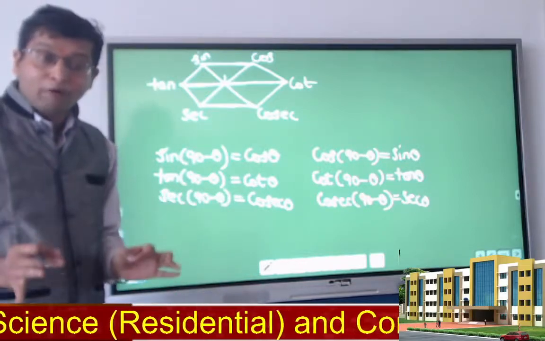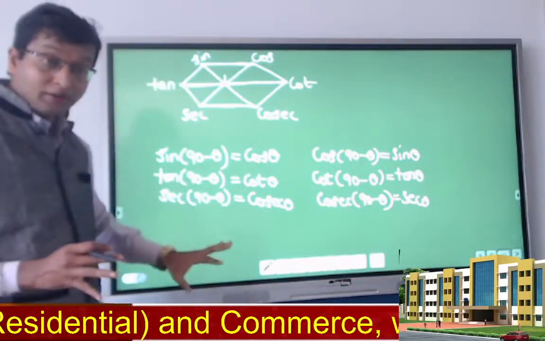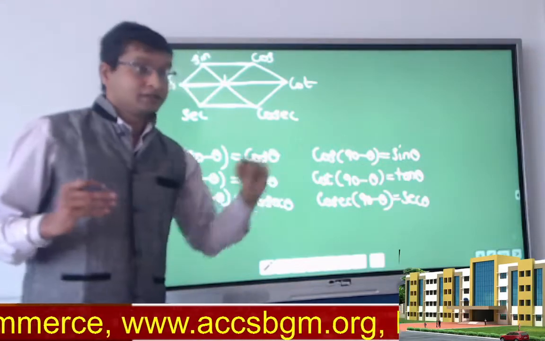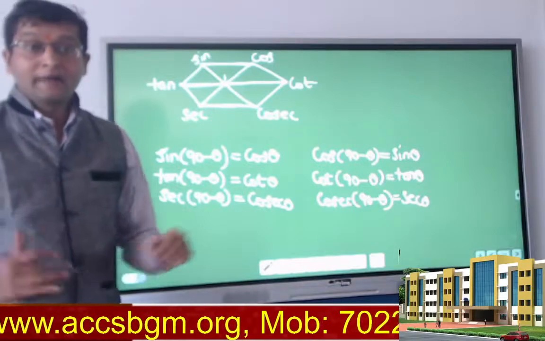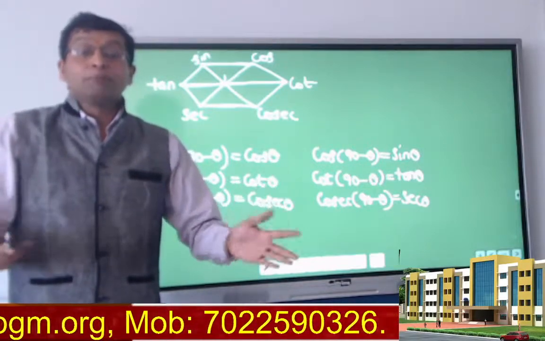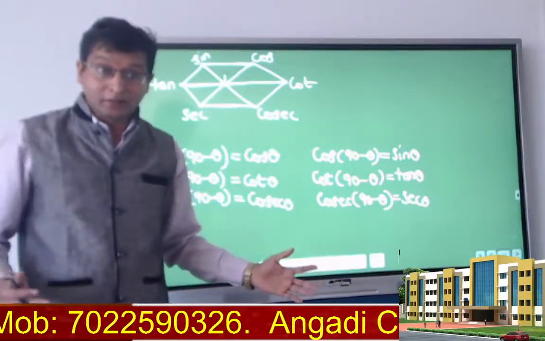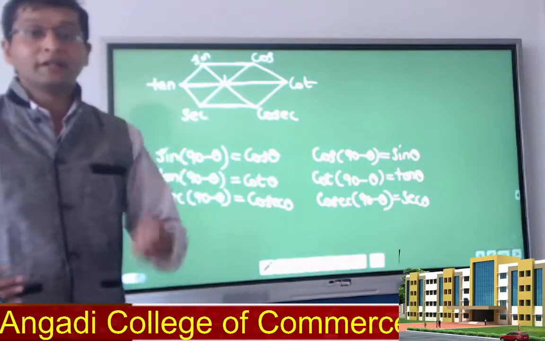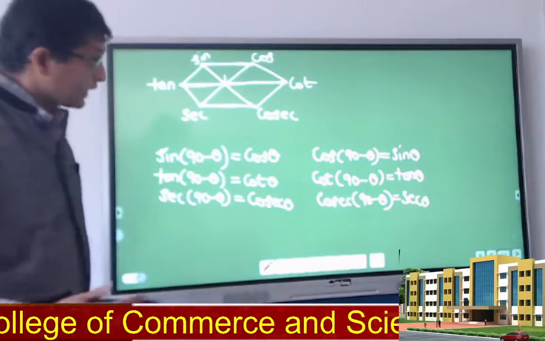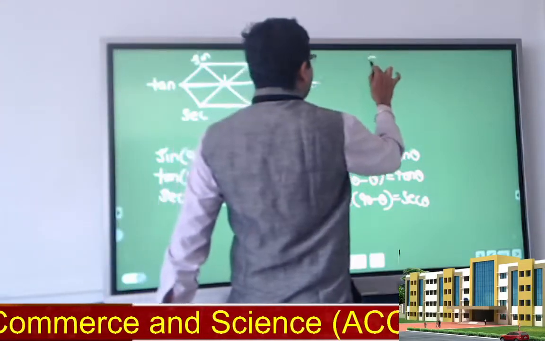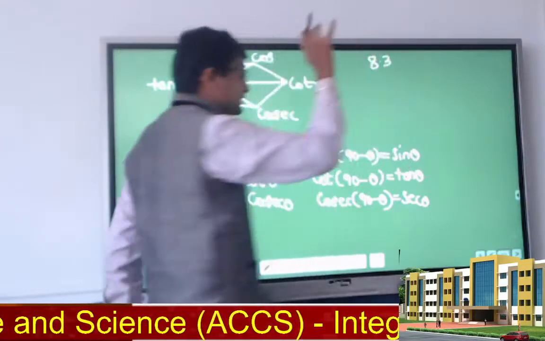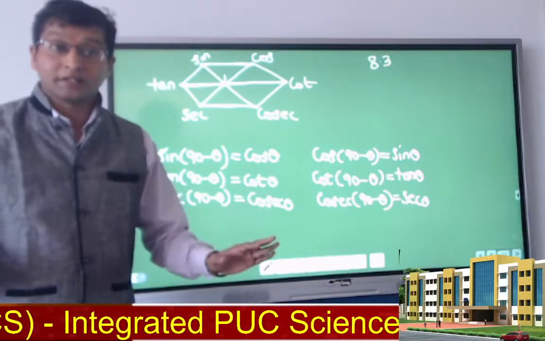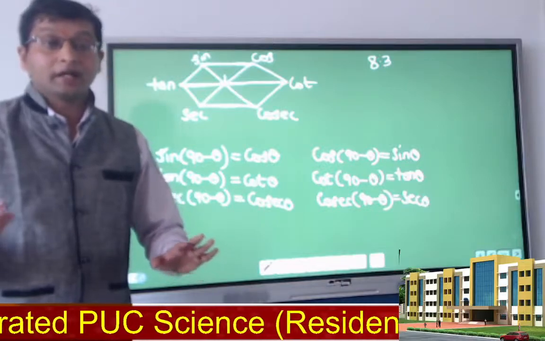With the help of this super hexagon, you can write these 6 transformation formulas and solve any problem related to them. So very easy it is. It comes in your 8.3 exercise. Very simple trick you can remember.